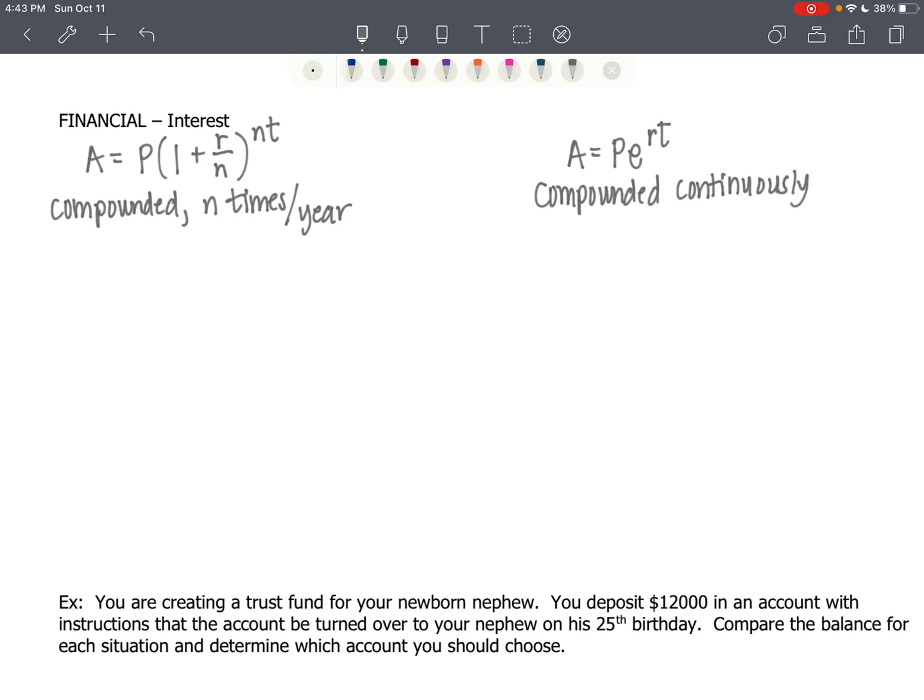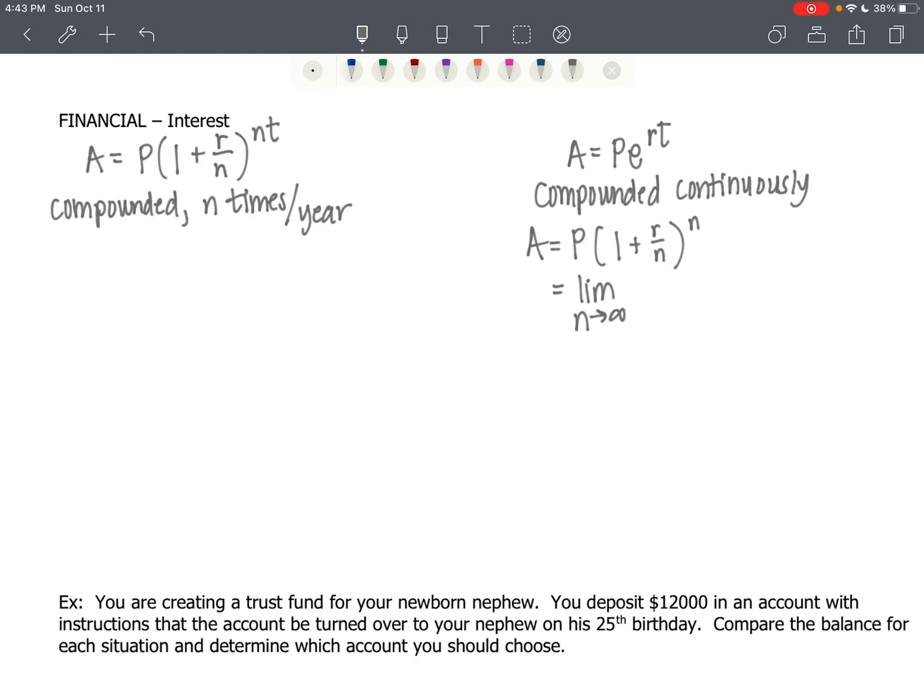And I just want to show you where it comes from now that we're doing calculus. It comes from our formula on the left. If we take P times 1 plus R over N, raise it to the nth power, we'll just say our time is 1 year right now. And let's look at the limit as N gets really, really large.